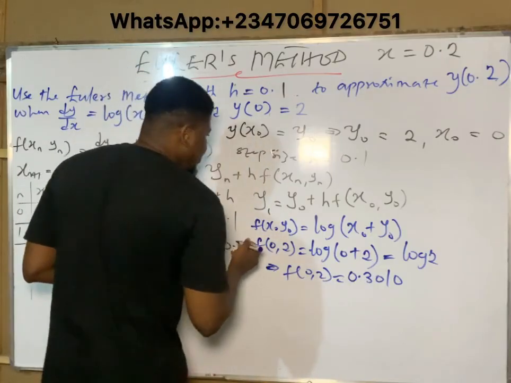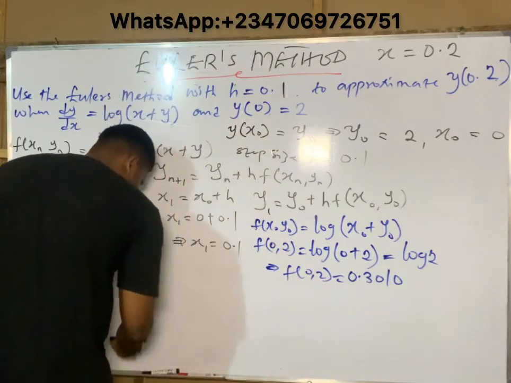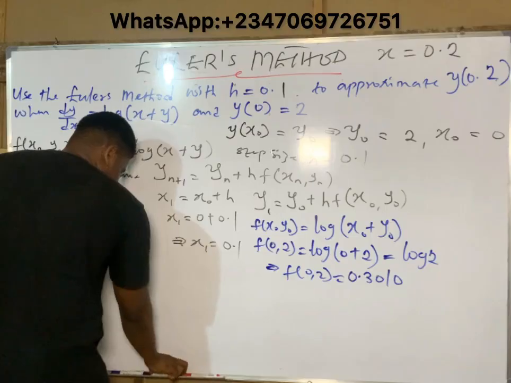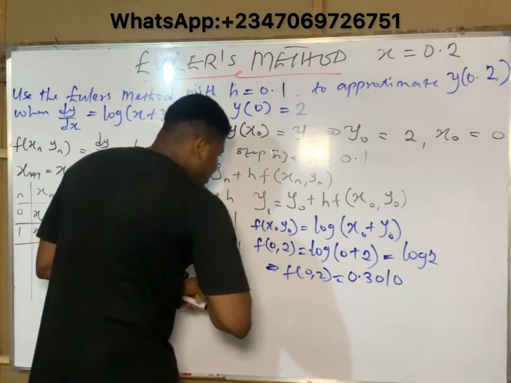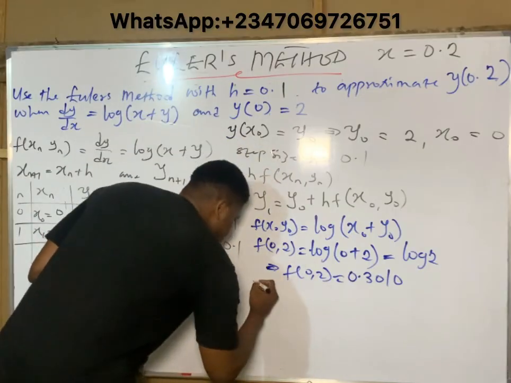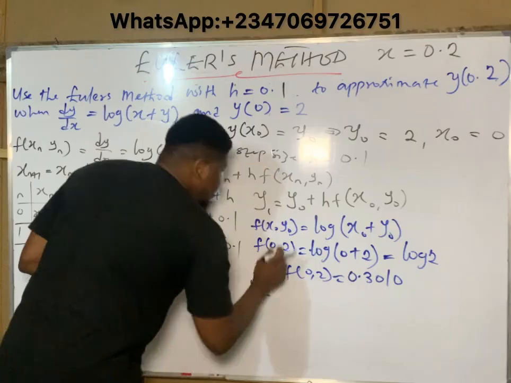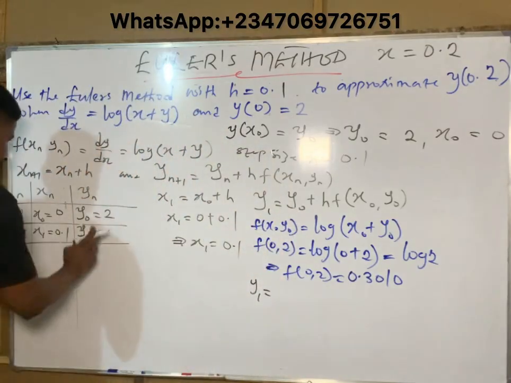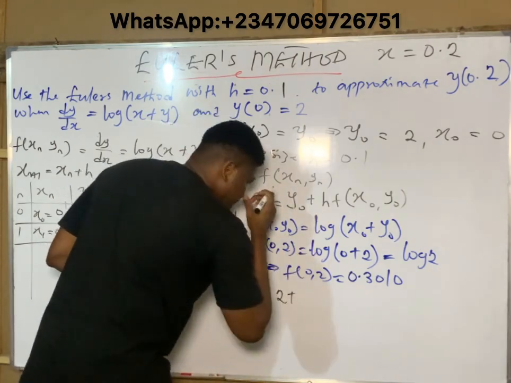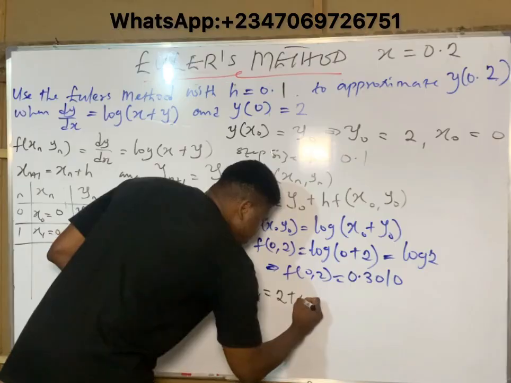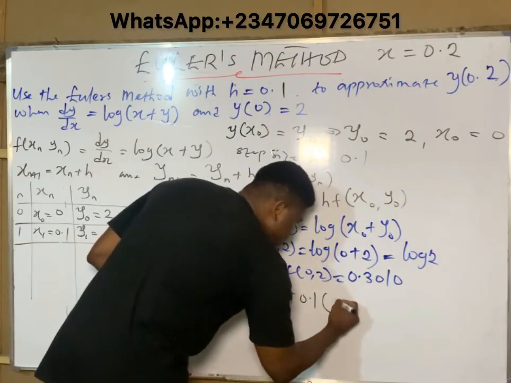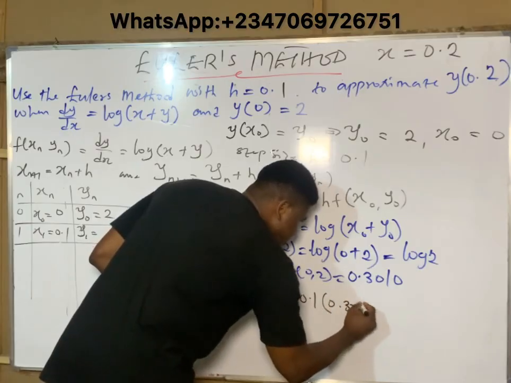So we simply now plug into the equation to find the value of y1. So y1 is equal to y naught, which gives us 2, so you have 2 plus h, and h is 0.1, multiplied by f of x naught, y naught, which gave us 0.3010.